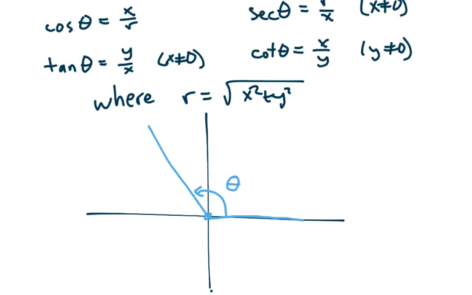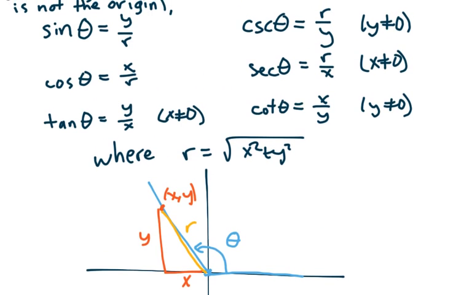Here's the angle theta, and over here somewhere is the point x comma y. This distance from here to here, this is r. So x is this distance, and y is this distance, and r is basically the hypotenuse of this right triangle, right?